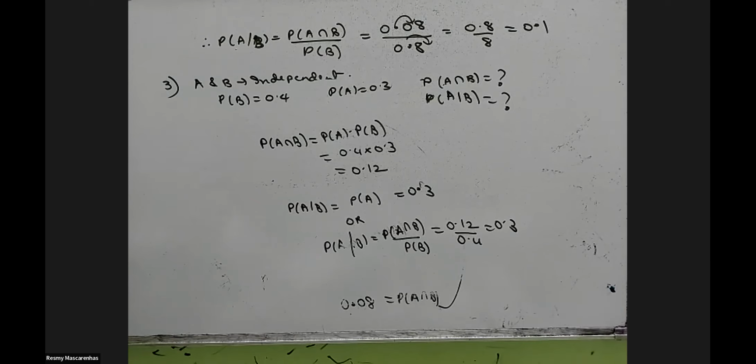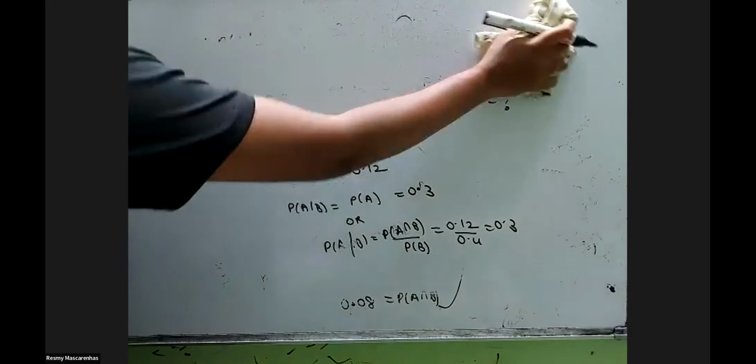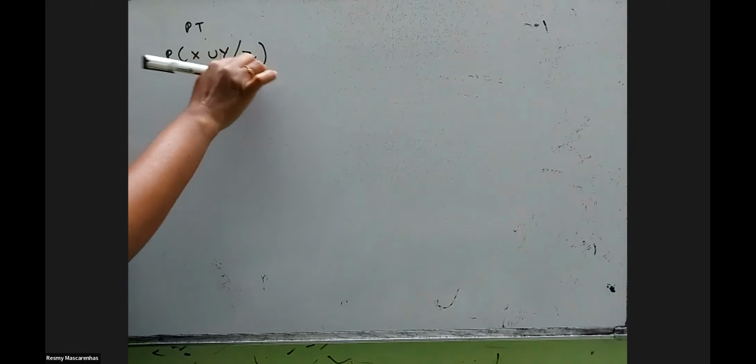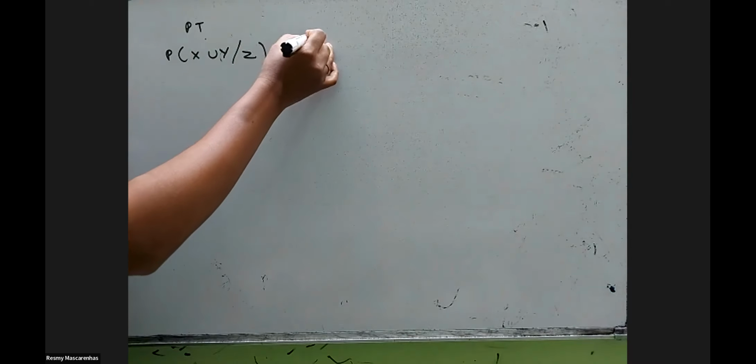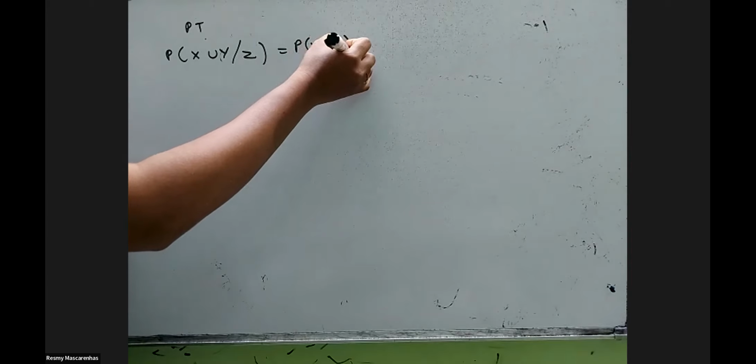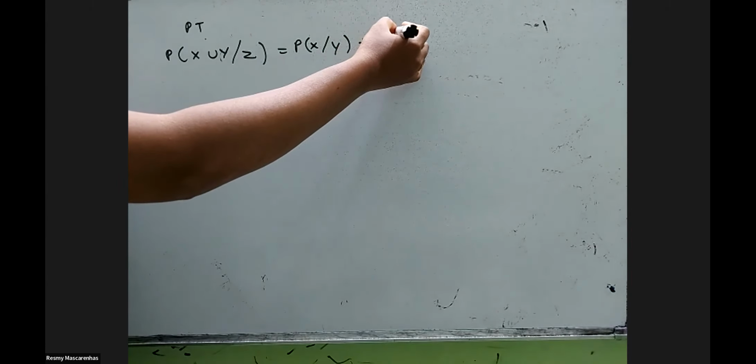Fourth one is a proof. Prove that P of X union Y given Z. This has appeared in the paper many times. They only change the letters. Sometimes this can be A, B, C, any letters they use.